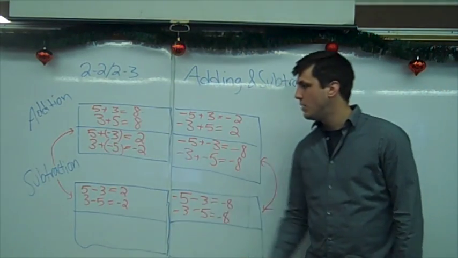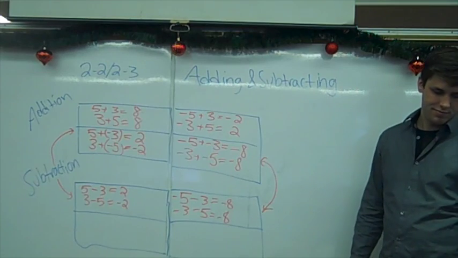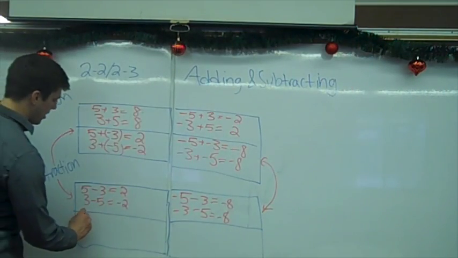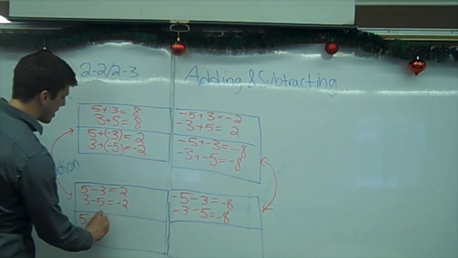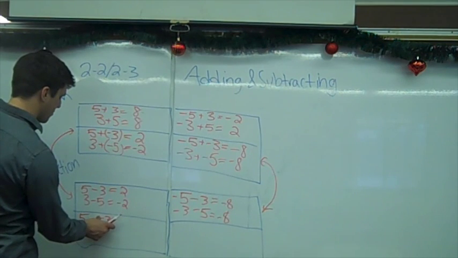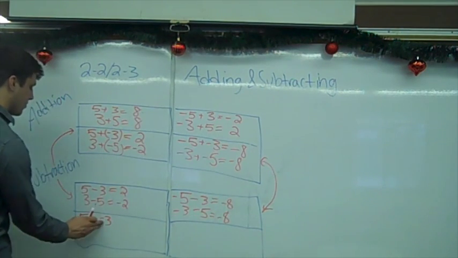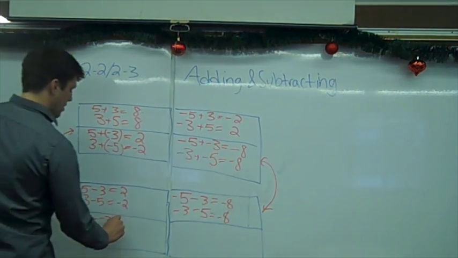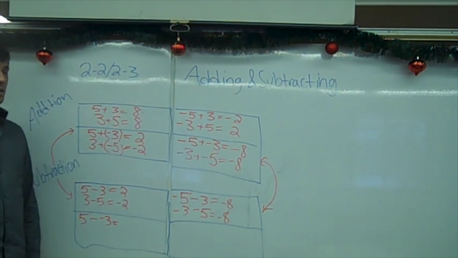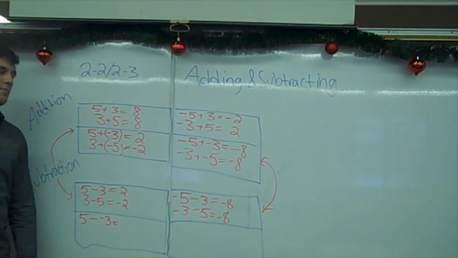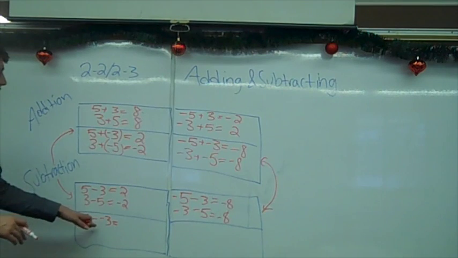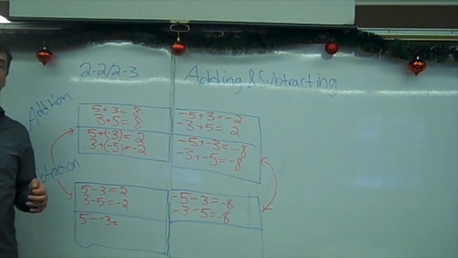Right, now the last two boxes. The first one is a positive number subtracting a negative number, so subtract negative 3. When you subtract a negative number, to think about it logically, a negative number is like being in debt, and subtracting means to take away.